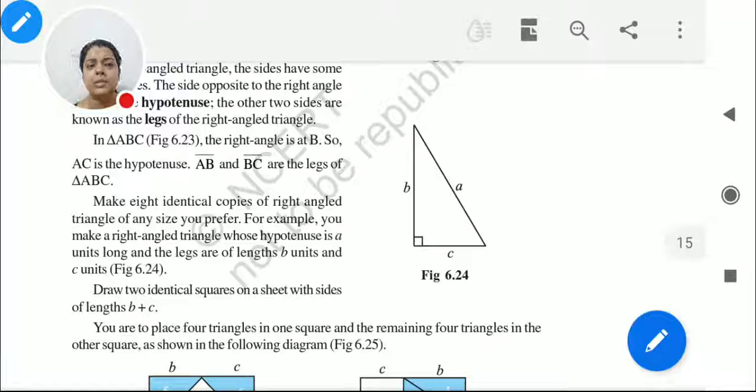The matter is, do we have some other kind of rule related to it? Because those were the general rules. It was not decided whether it is an acute angle, obtuse angle or right angle triangle; we don't know.